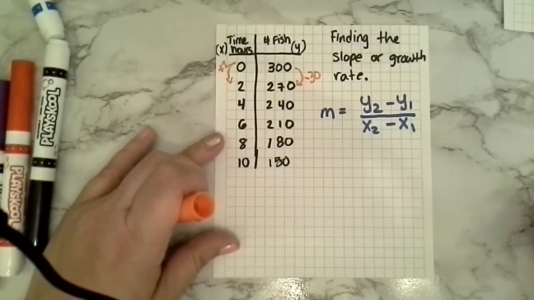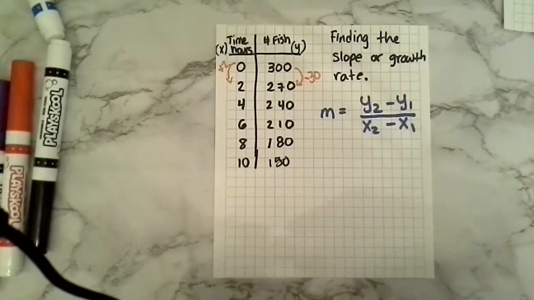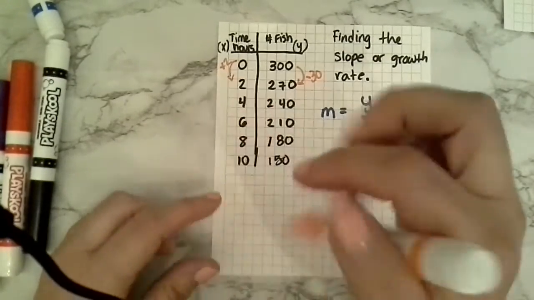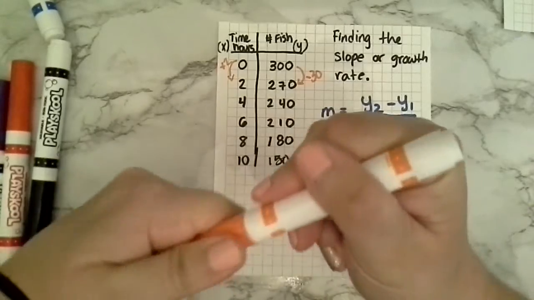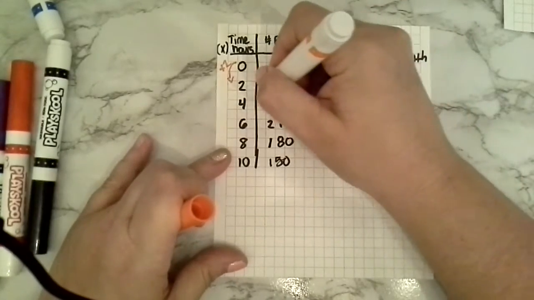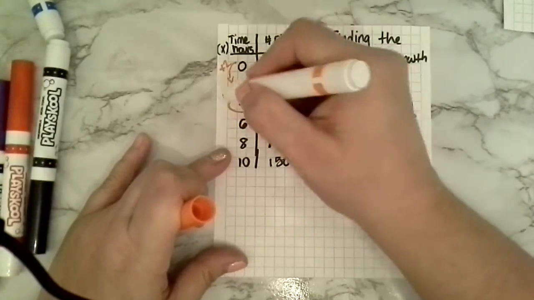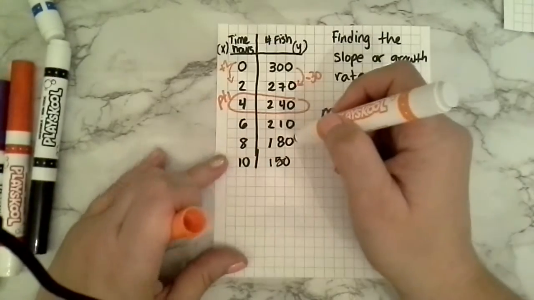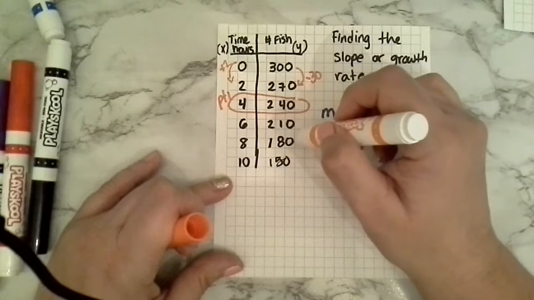And we're going to check this, but the way we're going to do it is we're going to select 2 points, and a point is an ordered pair. So like for example, if I select 4 and 240, this would be my first point. Call it point number 1. And then let's say I want point number 2 to be this one.